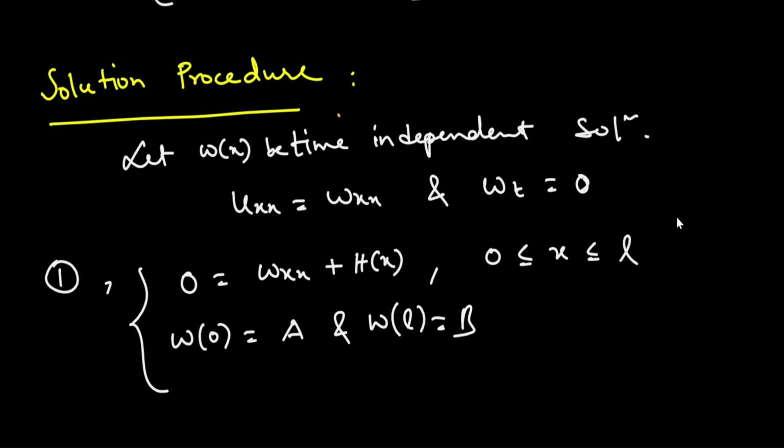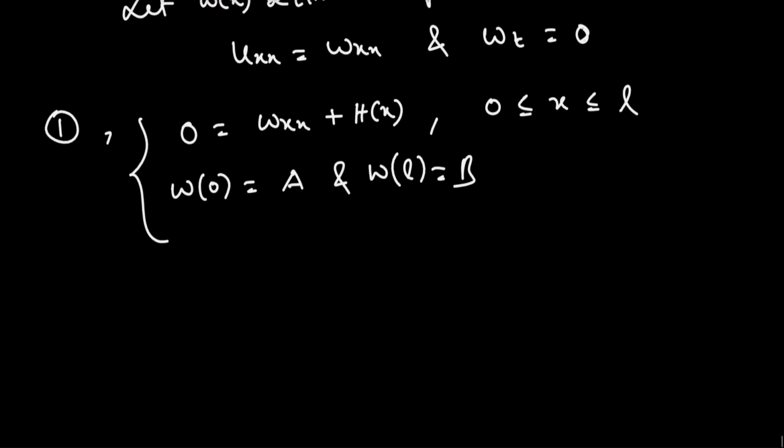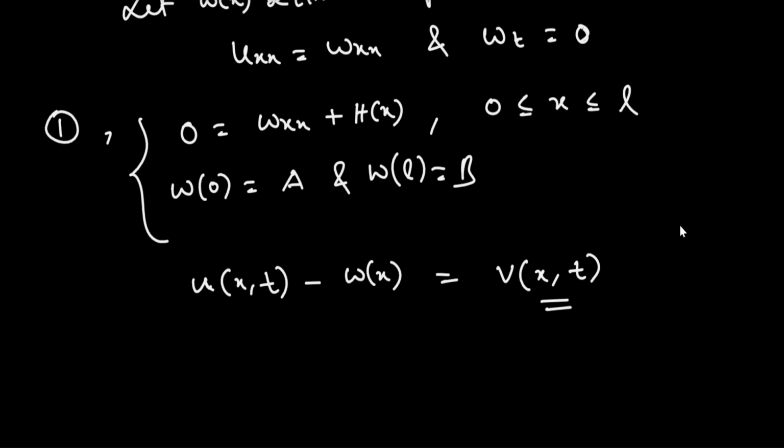Therefore this is clearly a second order differential equation, and we can easily solve this by using these two boundary conditions. Consider the difference u(x,t), this is the original solution, and w(x), this is the time independent solution. Let us take this equal to v(x,t). Differentiating partially with respect to t, we get u_t minus 0 equal to v_t.